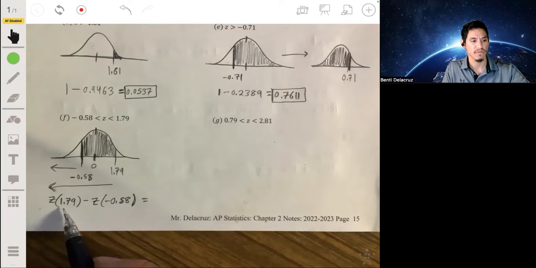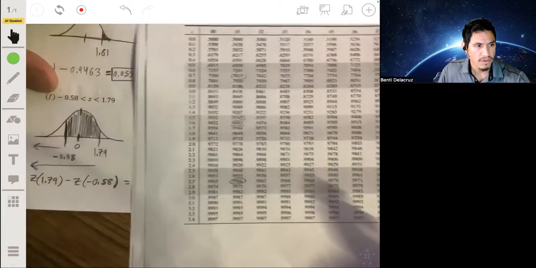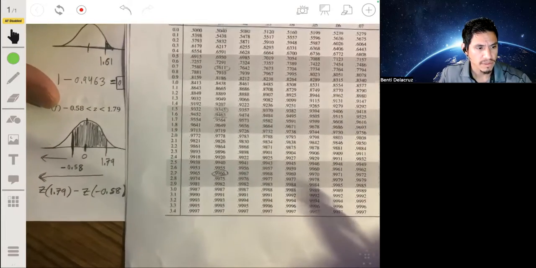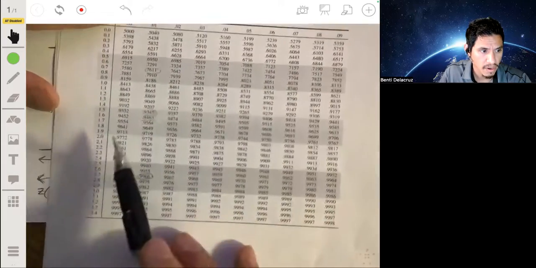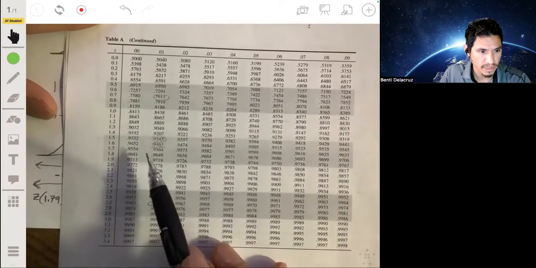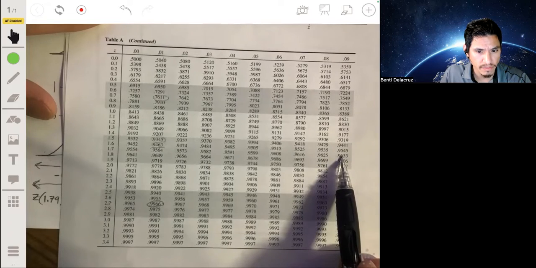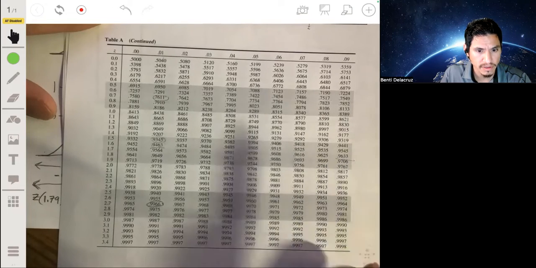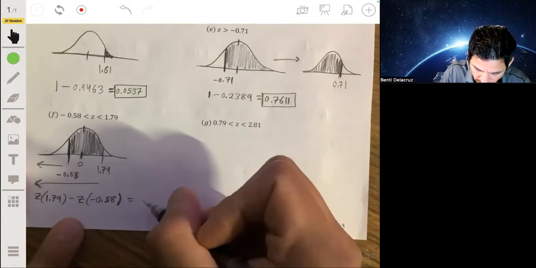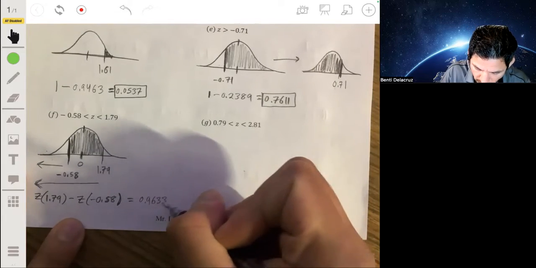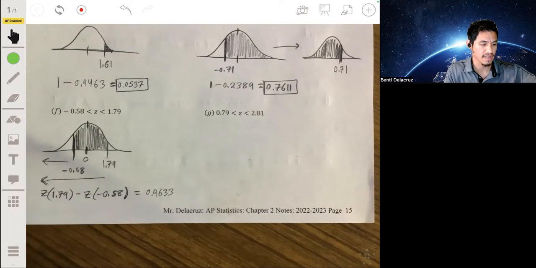So the area to the left of 1.79, we go look at our table. Let's see what we get, 1.79. I'm going to go pretty much all to the right. So we get 0.9633. And then subtract the area to the left of negative 0.58.